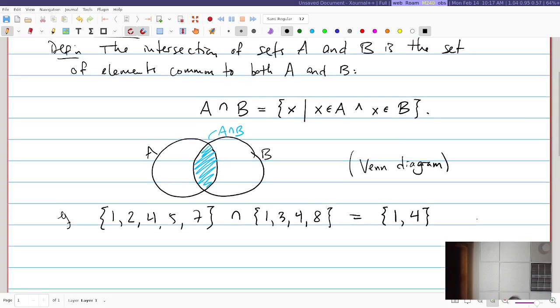As another example, let's do something with some infinite sets. That'll be fun.